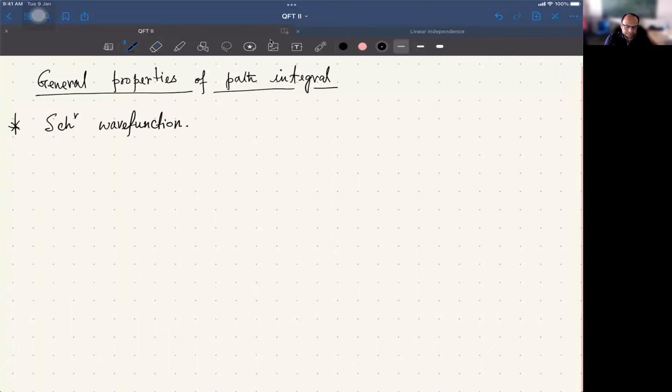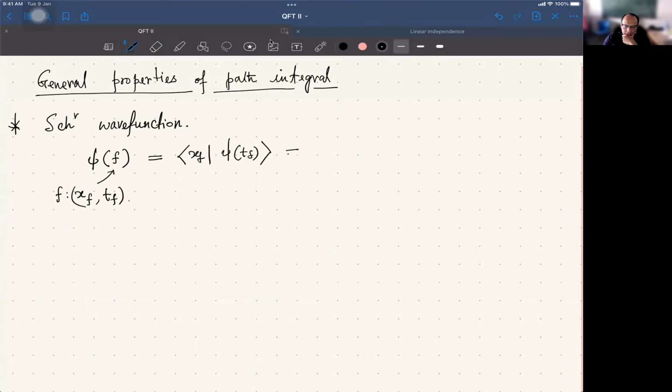So let's start with psi of f, if I'm using the same shortened notation, which indicates x_f, t_f. That is by definition x_f overlap with psi at t_f.